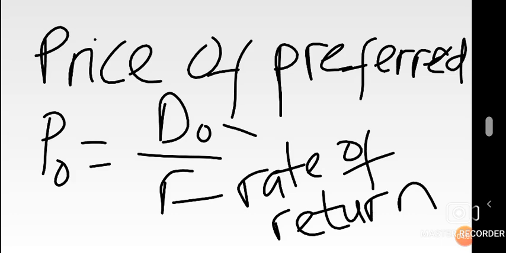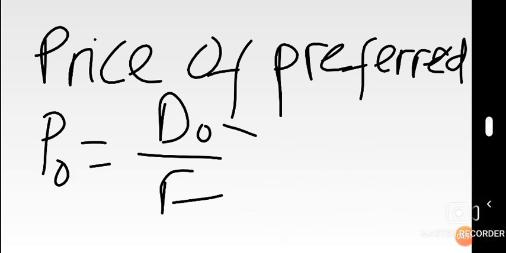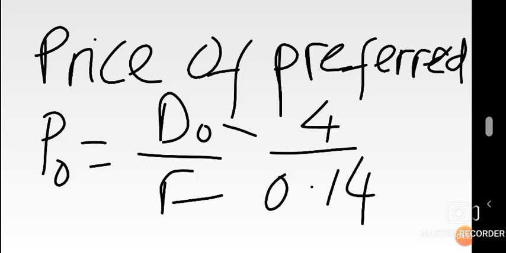If it's in percentage form, just change it to decimals. So a dividend offering a 4 kwacha payout, with 14% rate of return, you just divide those two and you get the price on the preferred stock.